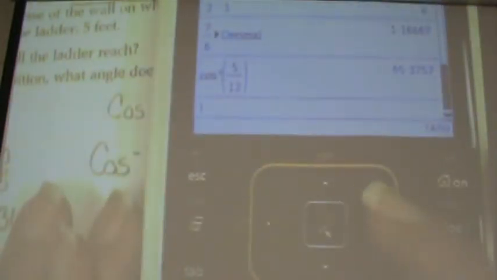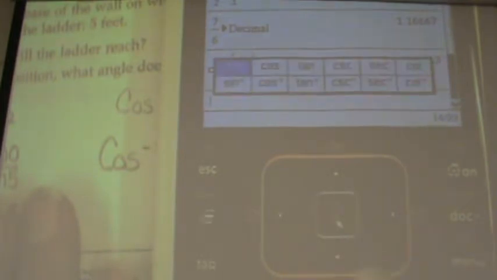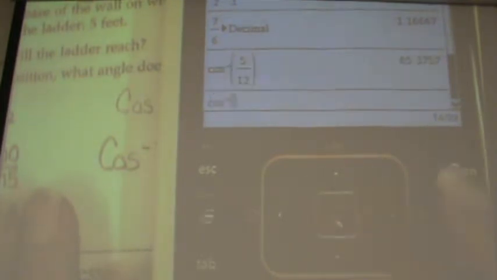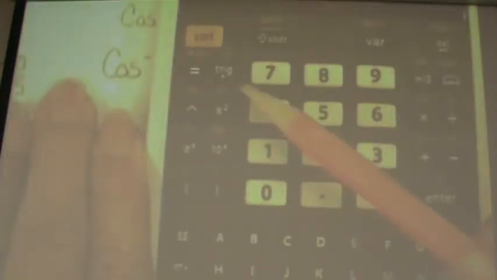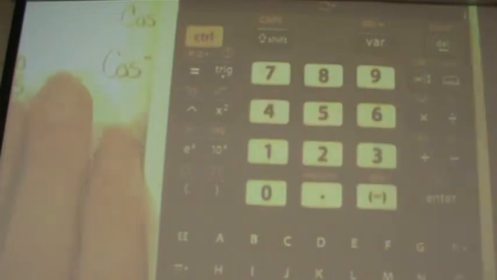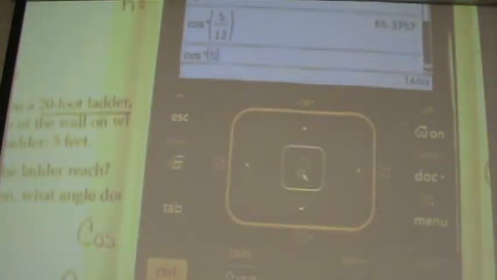Oh, I put 12. I don't know why I put 12. That's supposed to be 20. Sorry, my bad. Trig is right on. Do you see the trig button? Right here. Trig, 5 over 20, enter, it's 75.5 degrees.